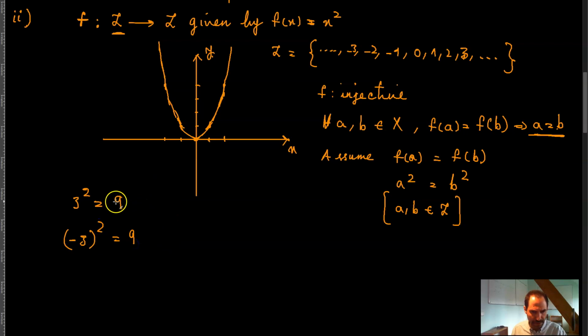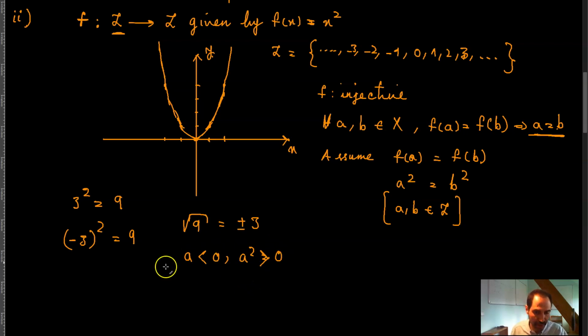So that means that the square root of 9 is actually equal to plus or minus 3, depending on what number you raise to the second power to get a squared. If a is less than 0, then a squared is going to be greater than 0, of course, right?